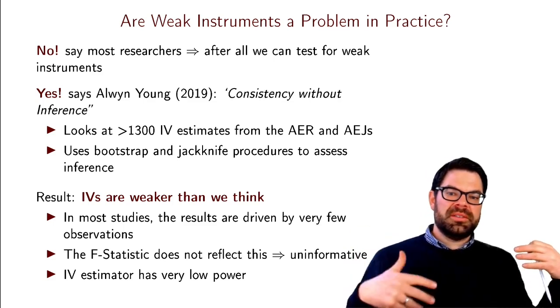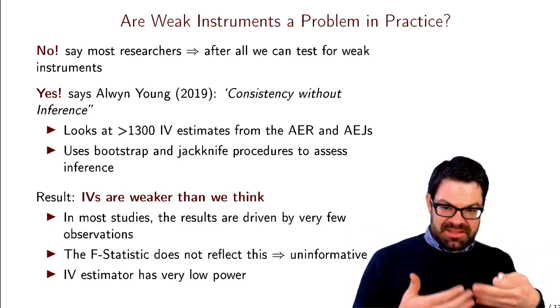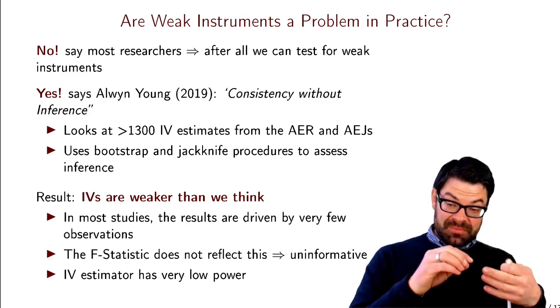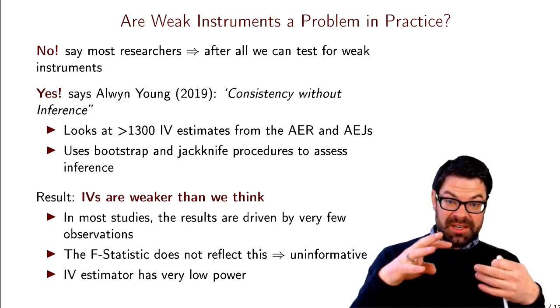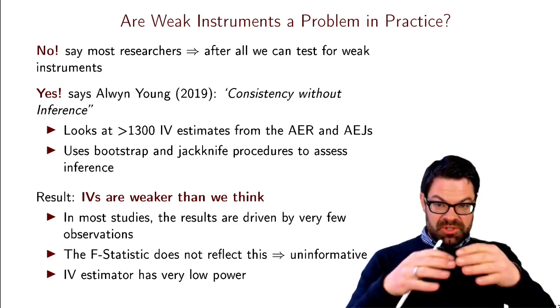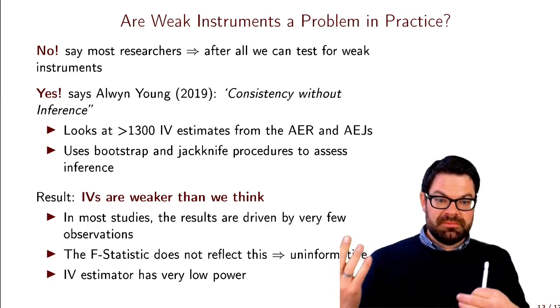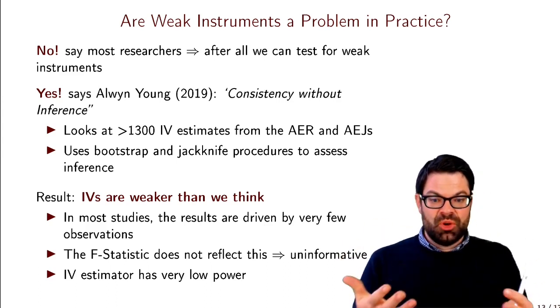Does that mean the authors did anything wrong, or was this malpractice? No, it's just that the parametric assumptions we make about the error terms, which then allow us to calculate the standard errors, don't capture that. That's what he has shown.